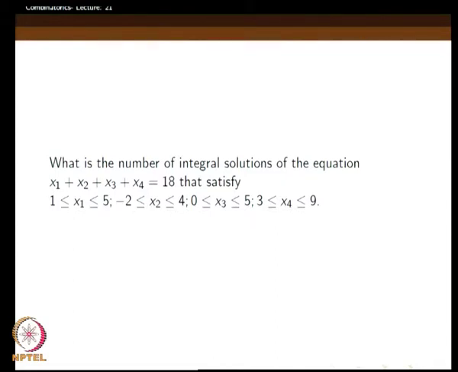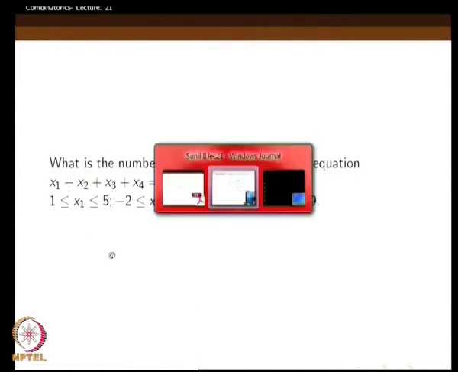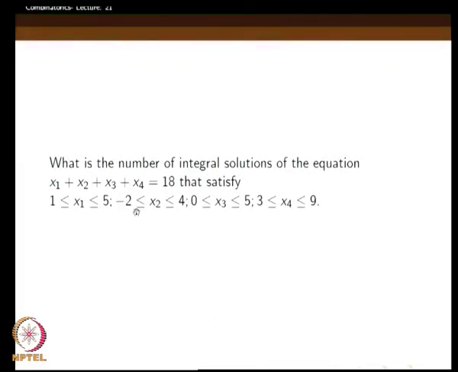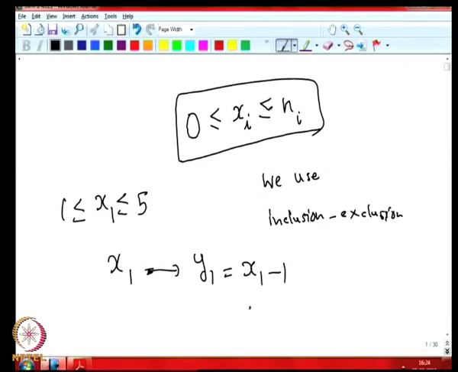So, what we can do is replace x1 by a variable y1, which goes from 0 to 4. Y1 will be equal to x1 minus 1, because our x1 is in the range 1 and 5, so y1 will be in the range 0 and 4, 1 less than x1.